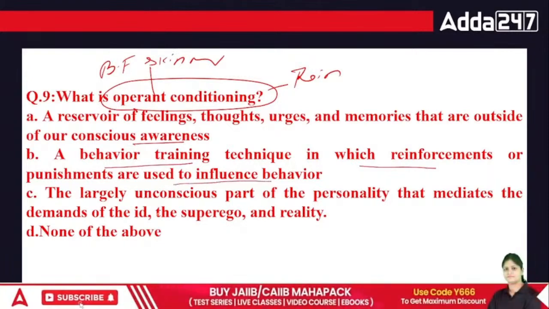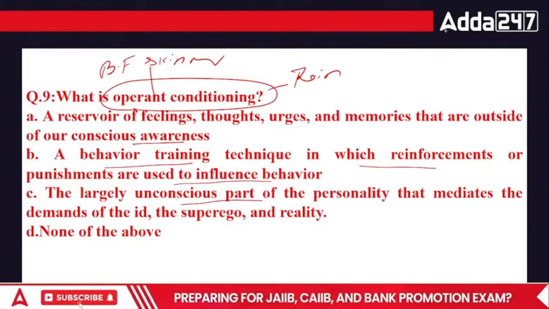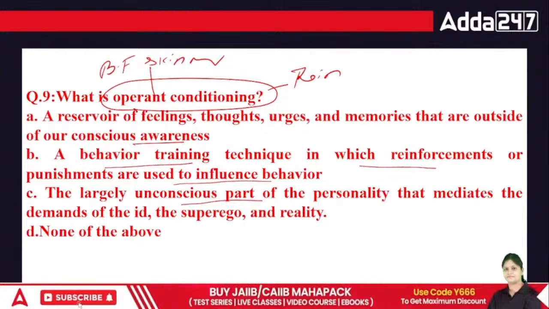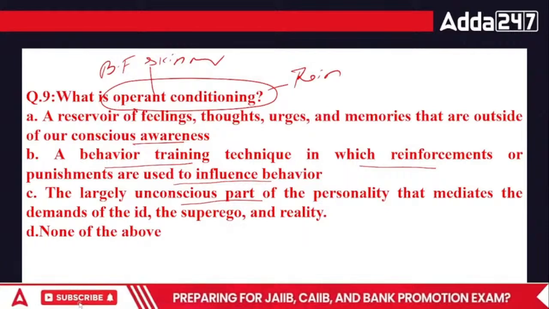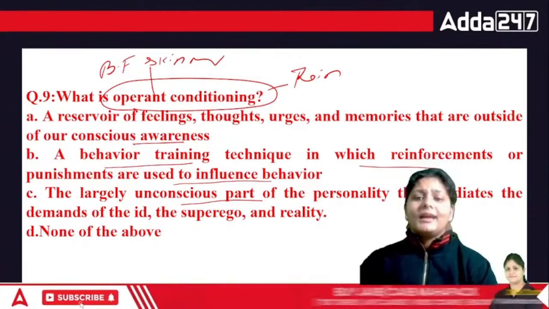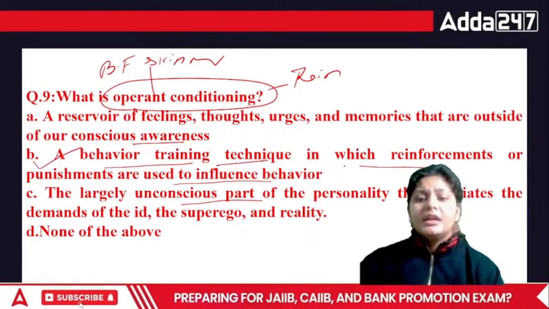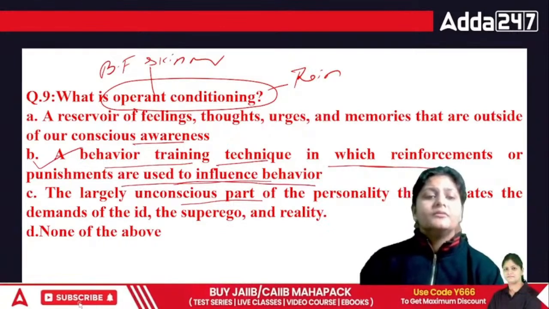Third is the largely unconscious part of the personality that mediates the demand of id, ego, superego and reality, right? So here actually we are talking about B. We are talking about positive reinforcement and negative reinforcement. So that is our behavior training technique in which reinforcement or punishment are used to influence the behavior.